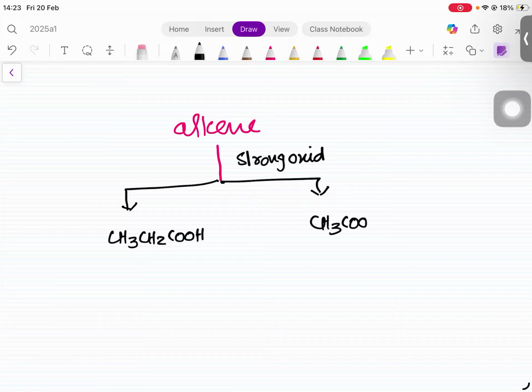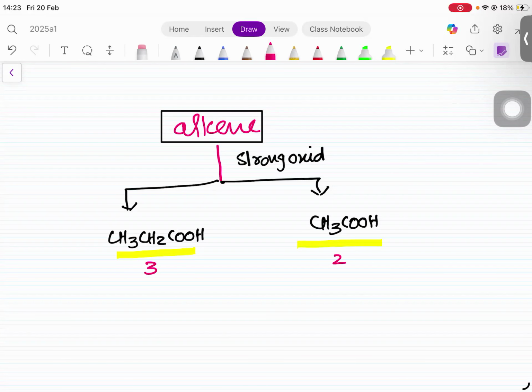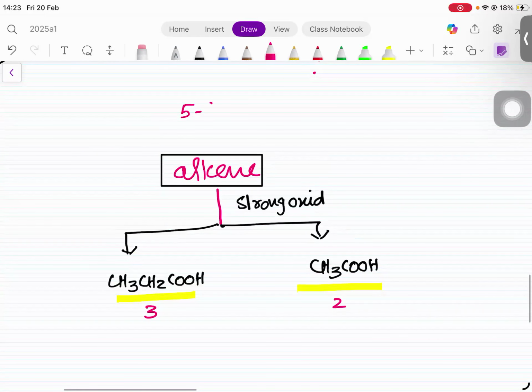First question, how many carbons in this alkene? इस alkene में कितने carbon होंगे? You know कि ये दोनों कट के एक ही बड़े molecule से अलग हैं. So 3 carbons here and 2 carbons here, so I know it's a 5 carbon alkene.